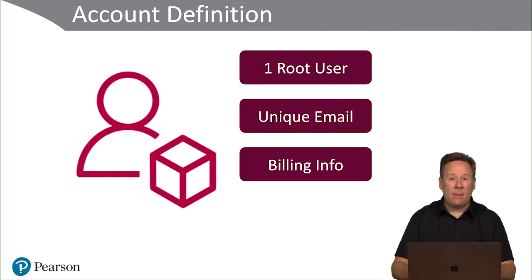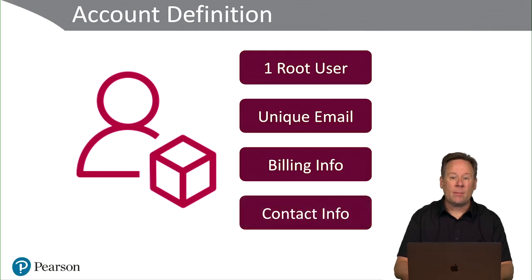So either it is part of a consolidated billing structure, or it has actual payment information within the account itself. And finally, you need contact information, a name, an address, a verifiable phone number for your account to be fully provisioned.